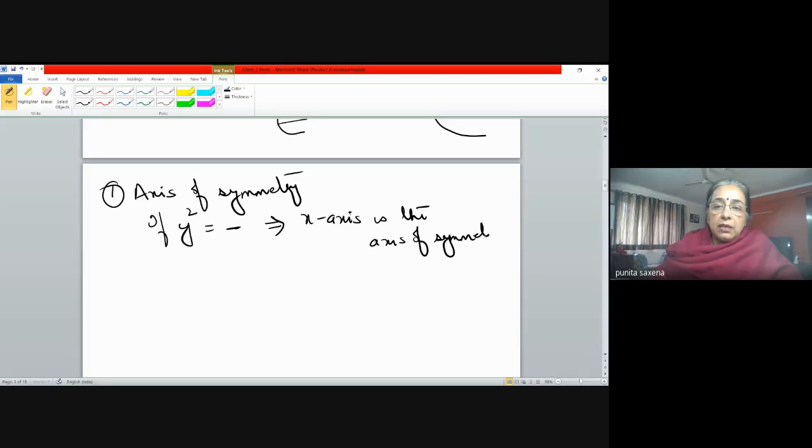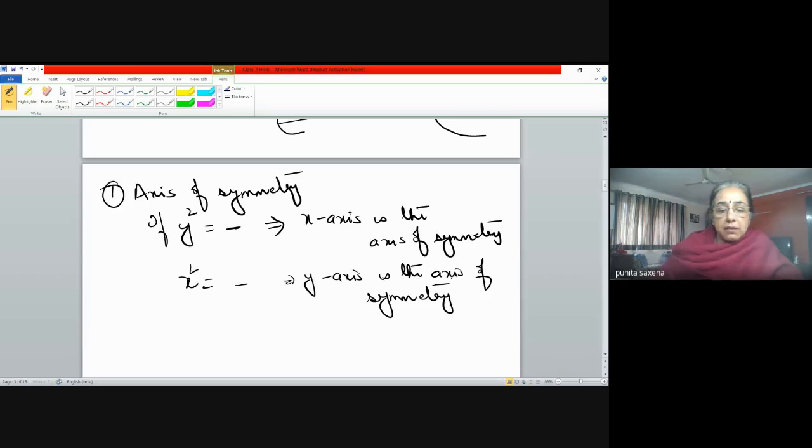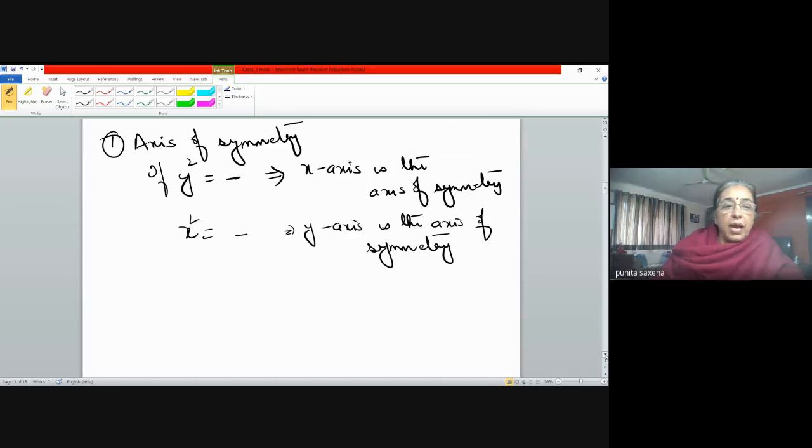Similarly, in case your equation is x square equal to something, that means y-axis is the axis of symmetry. अभी हम जनरल जो बता रहे हैं, we are assuming that origin is the vertex for all such equations. बाकी के बाद में करेंगे, not that we won't do. Okay, so we have to first of all identify the axis of symmetry. So given an equation, we can identify which axis is the axis of symmetry.